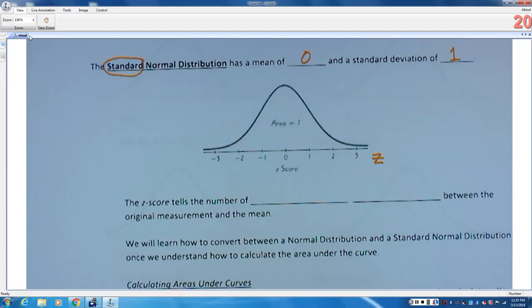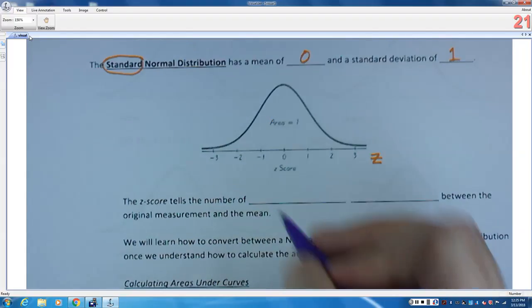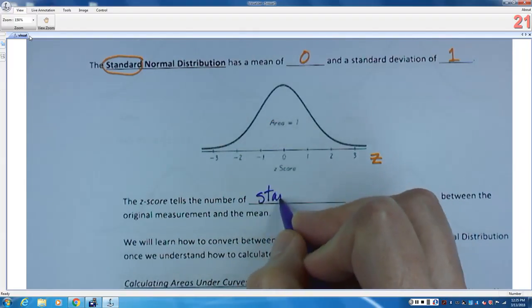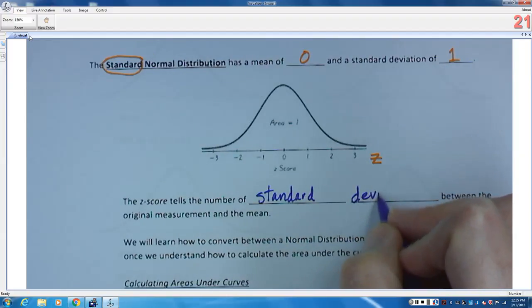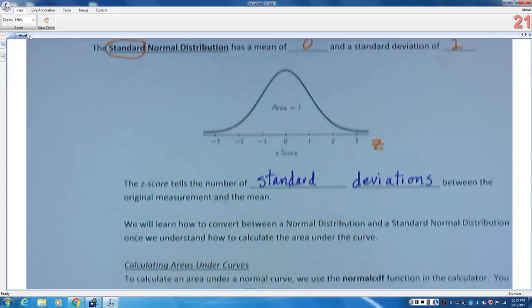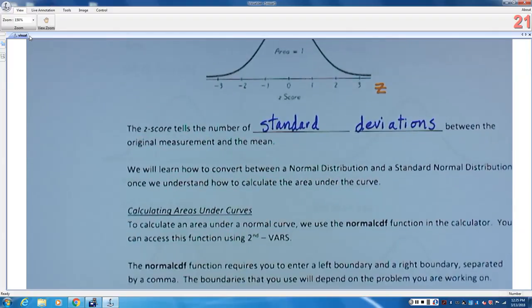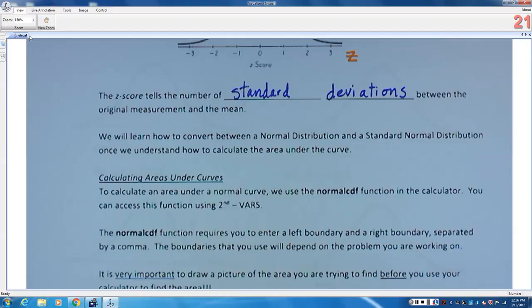So the Z-score tells the number of standard deviations between the original measurement and the mean. And we're going to learn how to convert between a normal distribution and a standard normal distribution once we understand how to calculate the area under the curve.